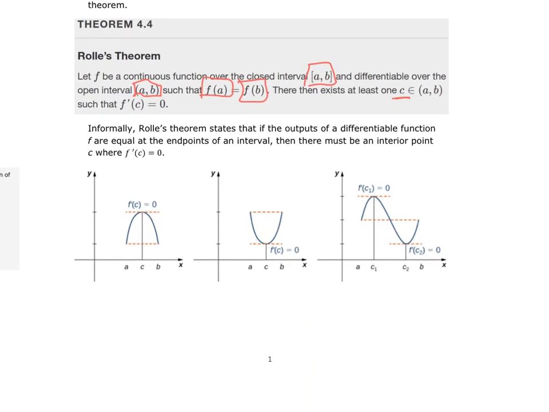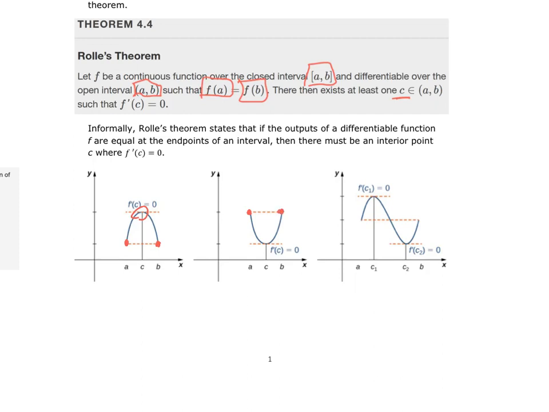So here are 3 examples in which Rolle's theorem applies, where my output for a and my output for b are the same. So I'm guaranteed this point c in which my derivative is equal to 0. Here's my a and here's my b.